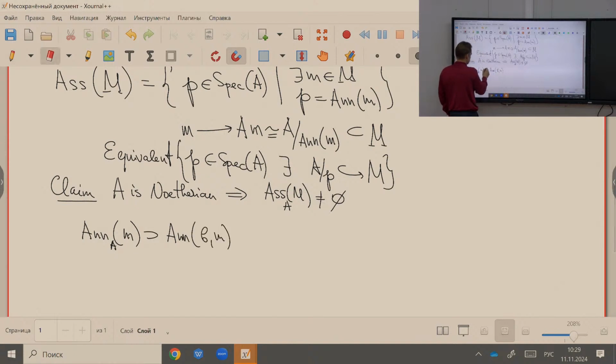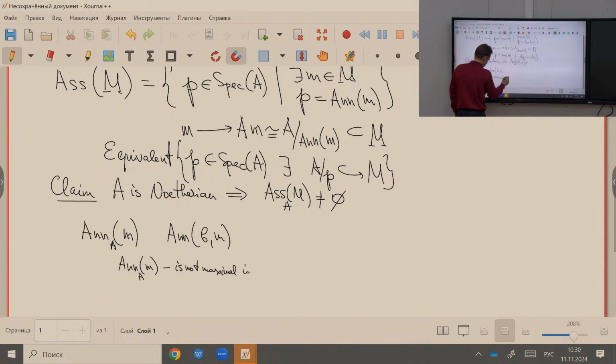If the annihilator is not the whole ring, so it is not a maximal ideal, this means that you can take an element outside of it. If it is already a maximal ideal, then we're done.